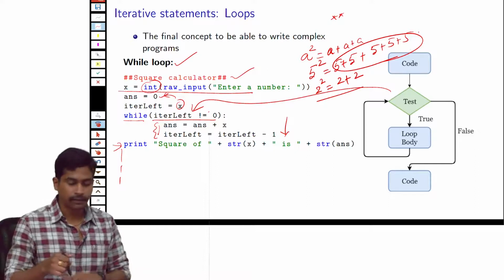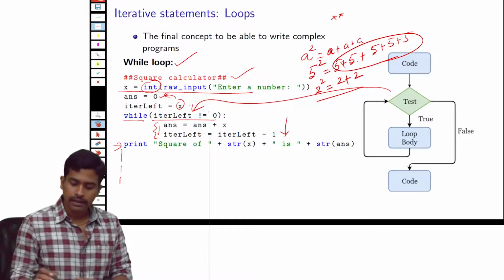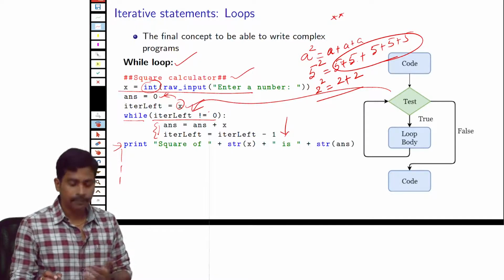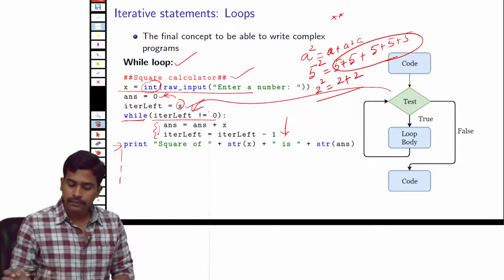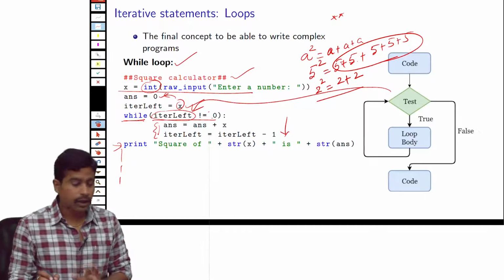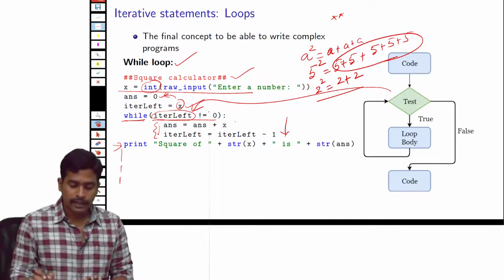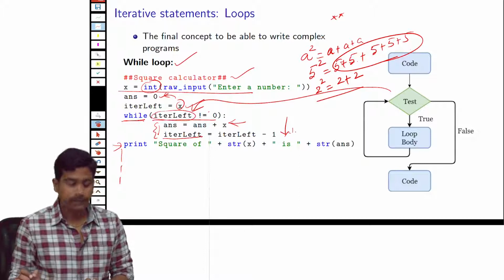So the number of iterations here is going to be the number itself. And we have written a while loop. The condition here is, if the number of iterations left is not equal to 0, we go back and add the number to the answer. And then we decrement the number of iterations by 1.